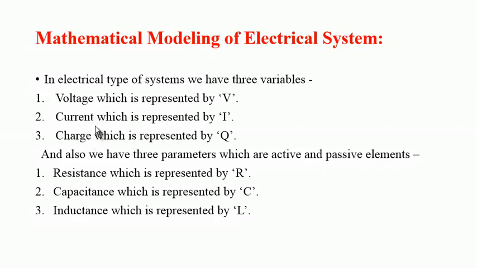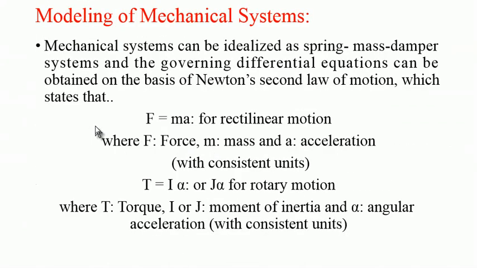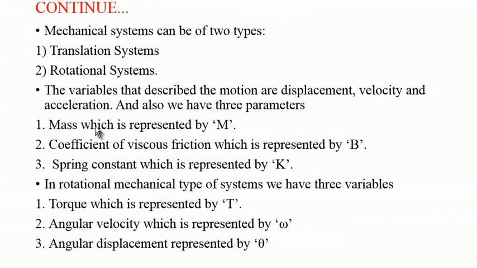In the mechanical system, the three variables for rotary motions are torque, angular velocity and angular displacement. For translation motions, mass, coefficient of viscous friction and spring constant, that is M, B and K, are the three parameters used in translational mechanical systems.